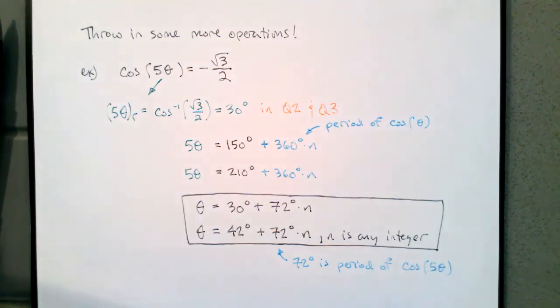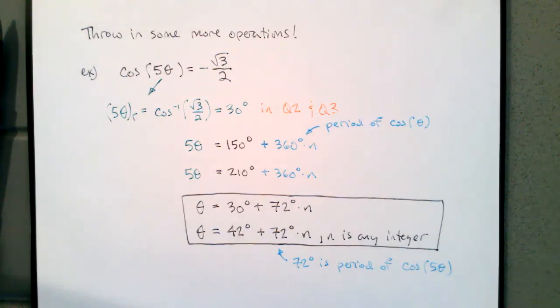You might say 5 theta is 150, 5 theta is 210. I'll divide those and get 30 and 42, and then add the period, which is 360 over 5 or 72. We both end up at the same place, but there's 2 different paths to get there. Did you add the 360 and then divide by 5, or add the period of 72, which you also get by taking the 360 and dividing it by 5?